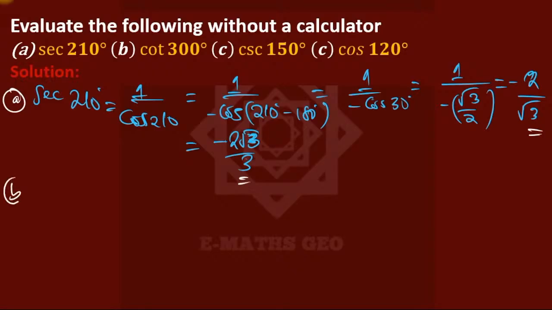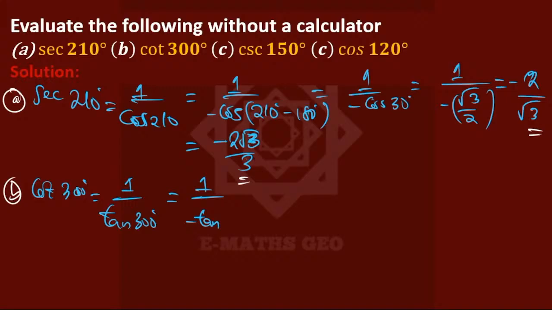So the second one, cot 300. Again, 300 is in which quadrant? Fourth quadrant. So we start with cot, which is 1 over tan. And since it's in the fourth quadrant, tan is negative there.